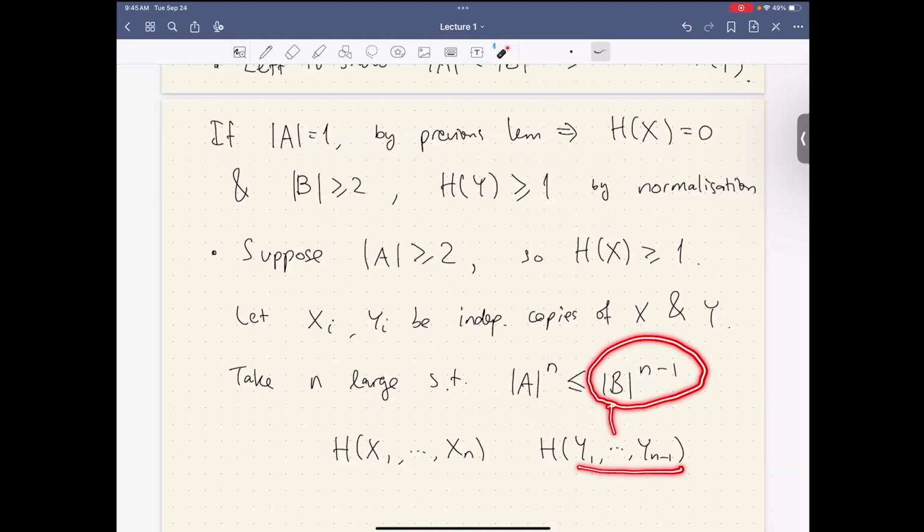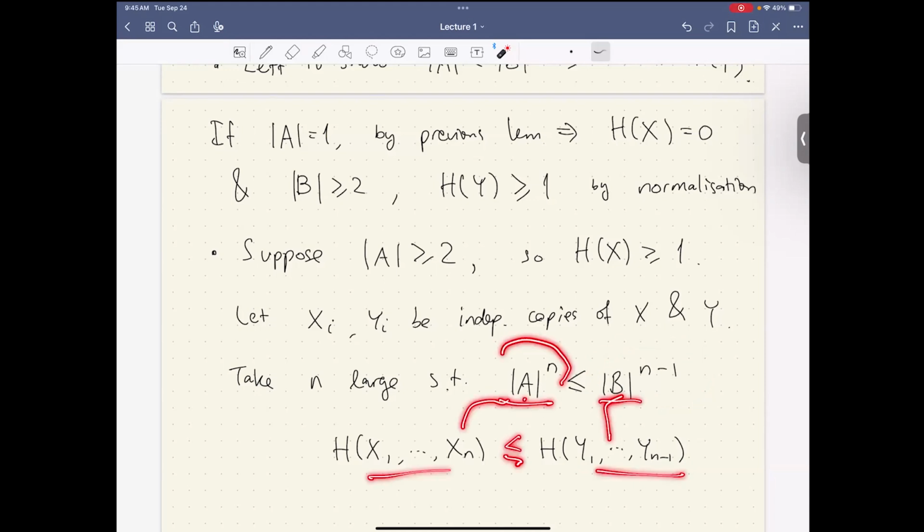So what do we know about these two? We know by the first part that when you have two random variables uniformly distributed over two different sets, one of size at most the other, entropy satisfies this inequality.